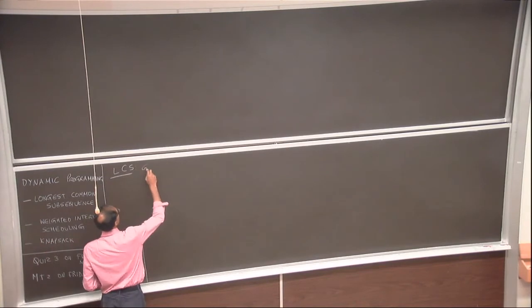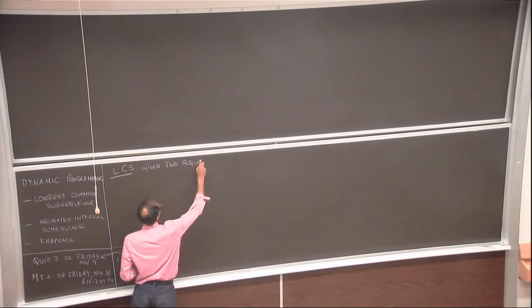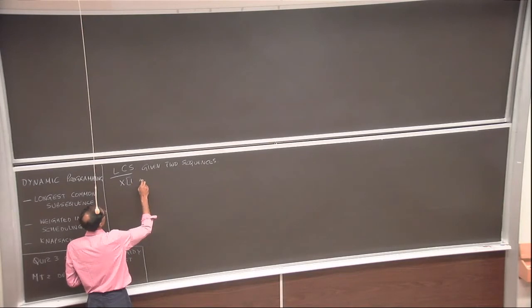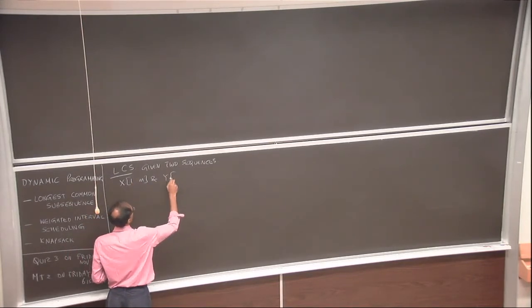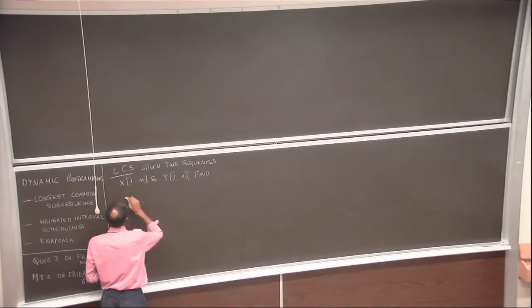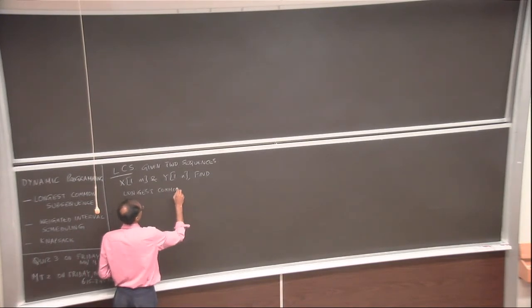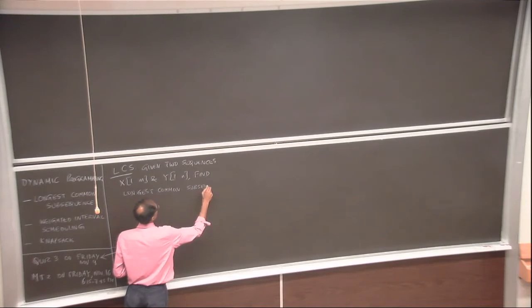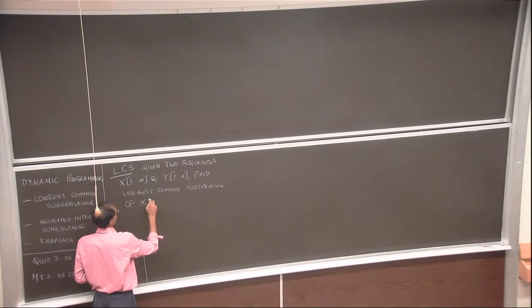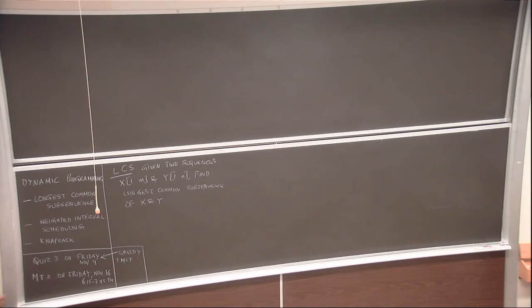You're given two sequences, X and Y. Find the longest common subsequence of X and Y. Okay?